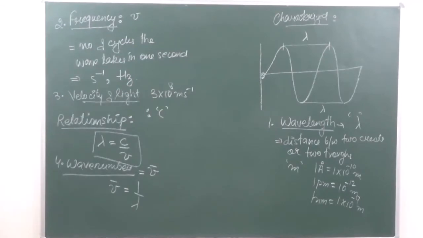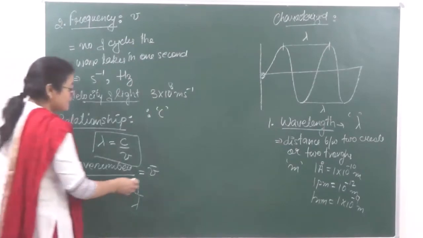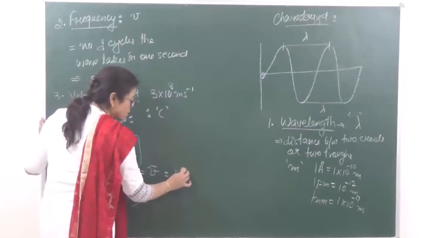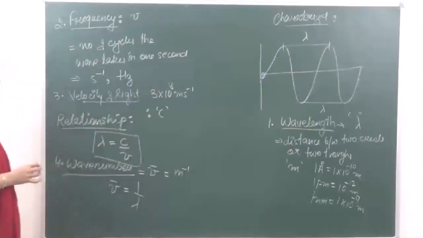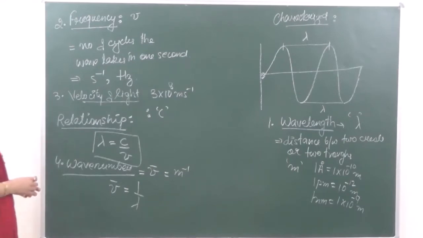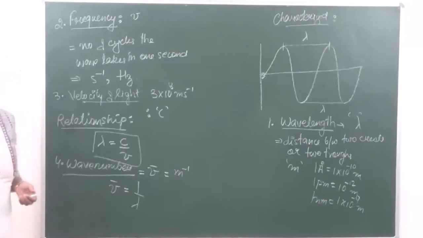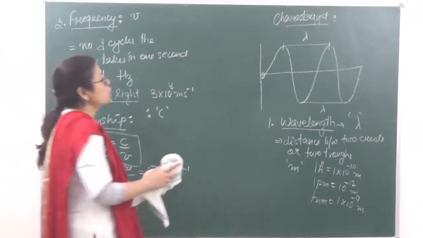So we will have the unit of wave number as per meter. Per meter is going to be the unit. Okay, then after wave number we have another characteristic which is known as amplitude.